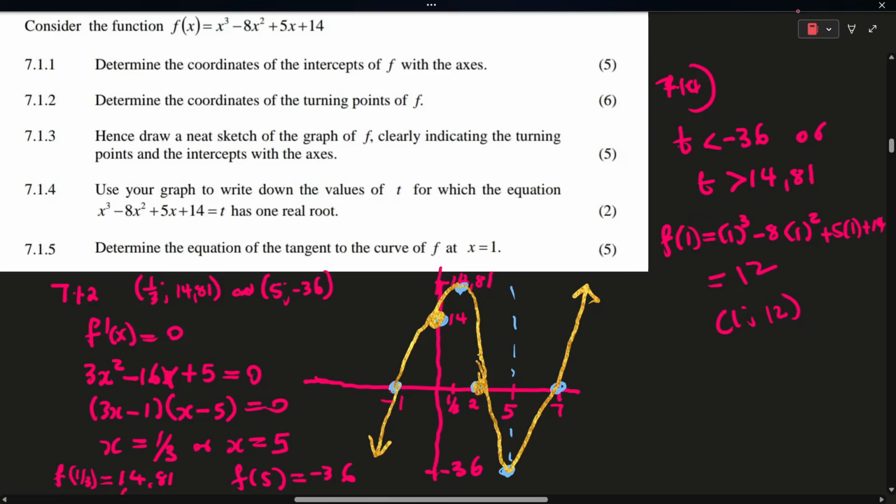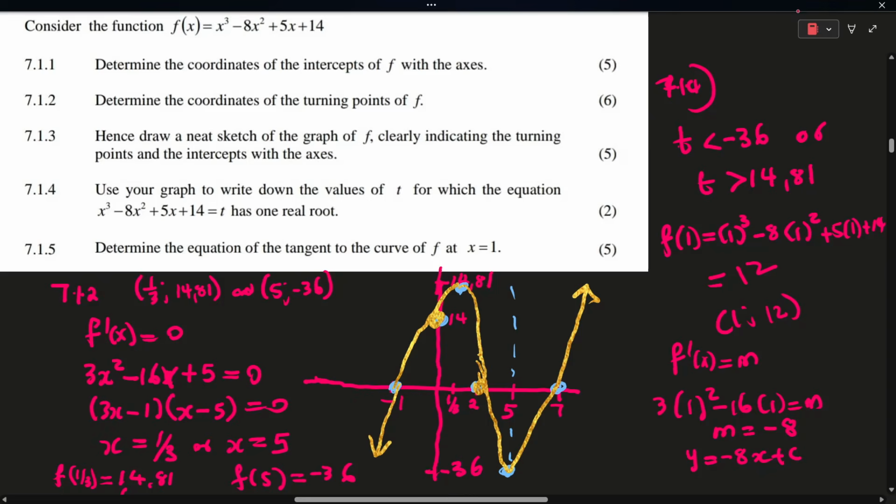So with this coordinate, remember that the first derivative of x is equal to the gradient, which is m. Let's check the derivative: 3x squared minus 16. What is x? You put 1 in. You are looking for m. So tell us, what is the gradient in this case? Obviously, we are getting minus 8 when you press. So we say y is equal to minus 8x plus c.